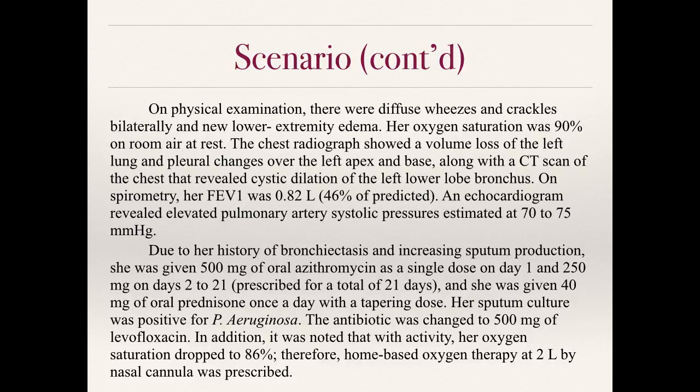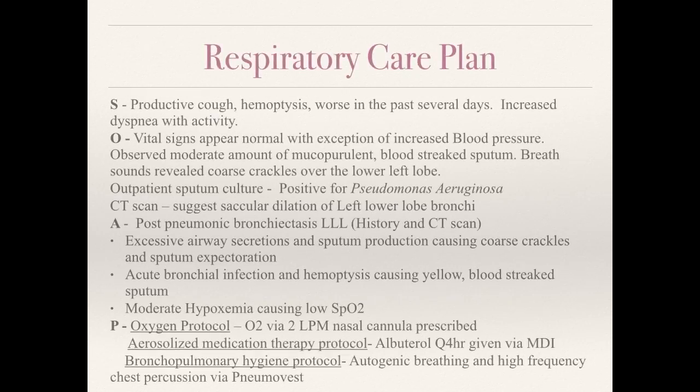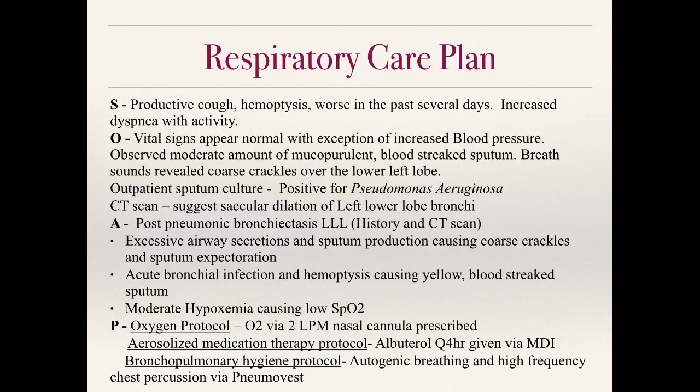Her sputum culture was positive for Pseudomonas aeruginosa, so the antibiotic was changed to 500 milligrams of levofloxacin. In addition, it was noted that with activity, her oxygen saturation dropped to 86. Therefore, home-based oxygen therapy at 2 liters by nasal cannula was prescribed. This now brings us to the respiratory care plan. Subjective findings were productive cough, hemoptysis, worsening in the past several days, and increased dyspnea with activity.